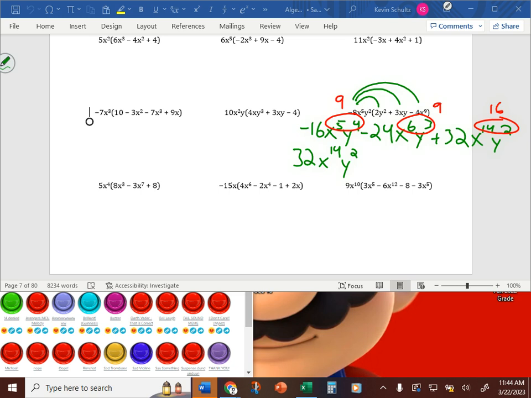The tiebreaker to the tiebreaker is that alphabetical order, which one's got the larger power. So because 6 is greater than 5, they both sum to 9, but in alphabetical order, x comes first. 6 being greater than 5, that one is going to come next. So -24x to the 6th y cubed, and then -16x to the 5th y to the 4th would be our final answer.